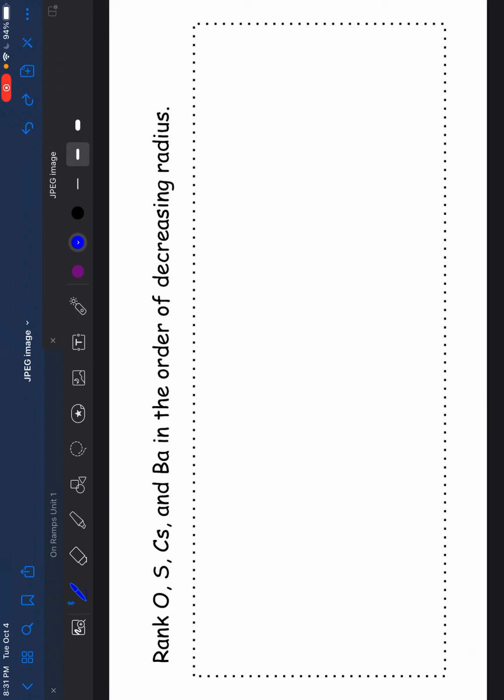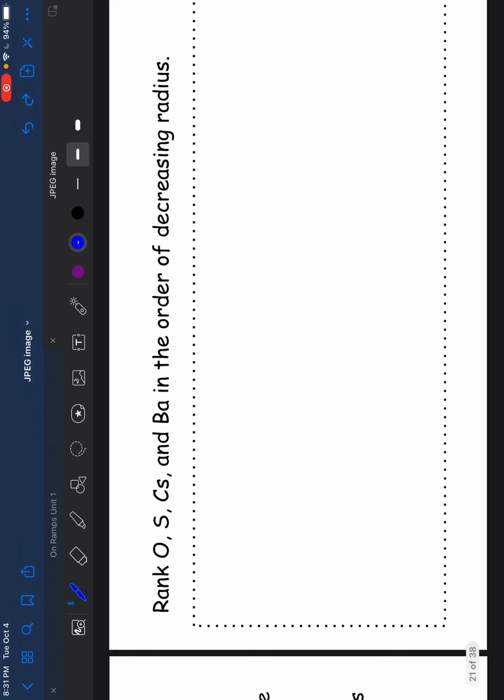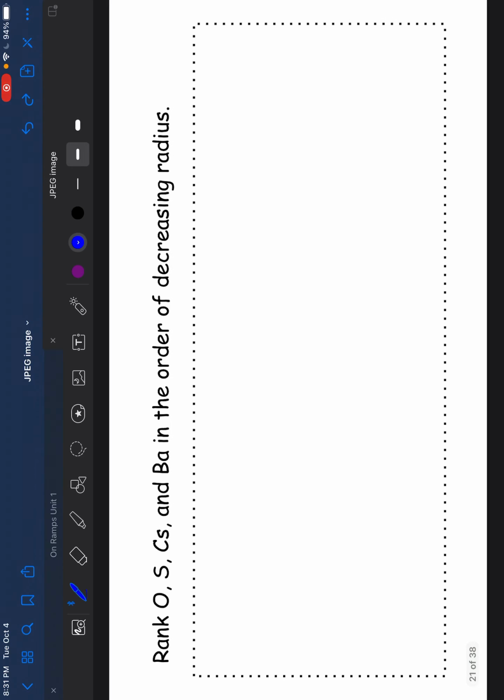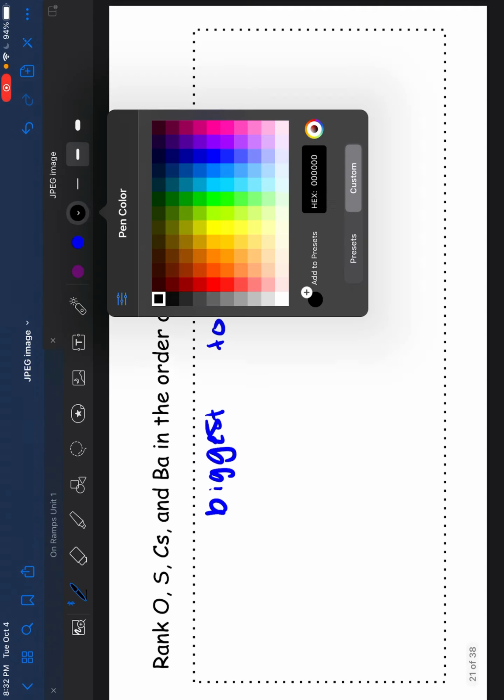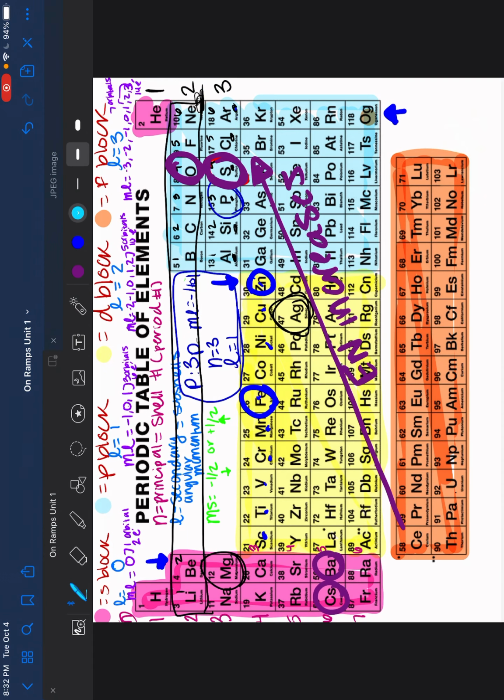So rank them in order of decreasing radius. So the same ones that we did last question. So remember, decreasing is biggest to smallest. And remember, it increases as we go down and to the left. So we're going to increase going this way.